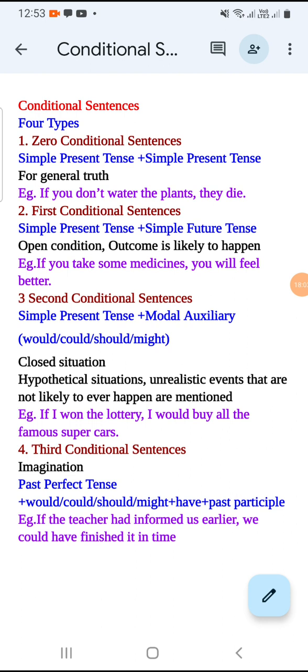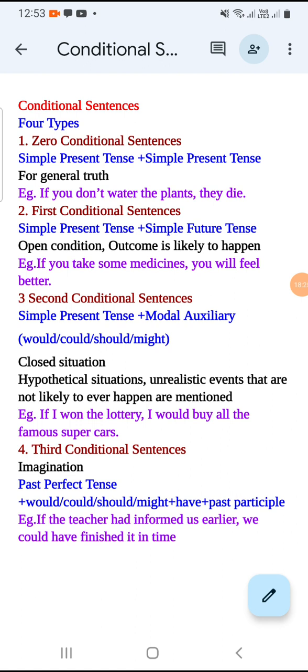Let us take an example first, then you will be able to understand. That is, if I won the lottery, that's just a hypothetical or unrealistic situation, I would buy. Will then becomes the past tense, would. So I would buy all famous supercars, right?